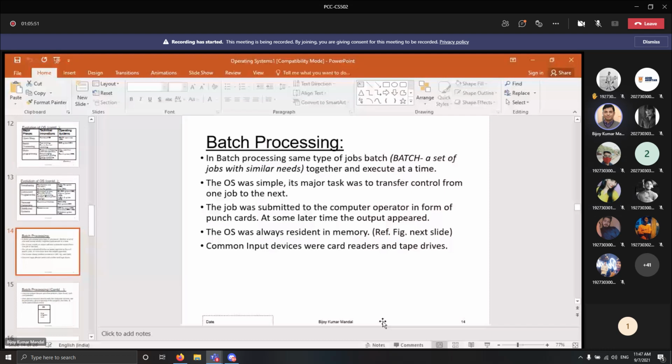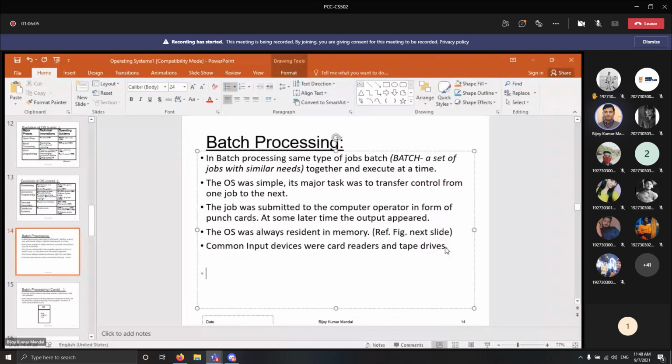When I perform any task, if I write an equation, suppose here I am writing 5 plus 7, then minus 2 multiplication 3.